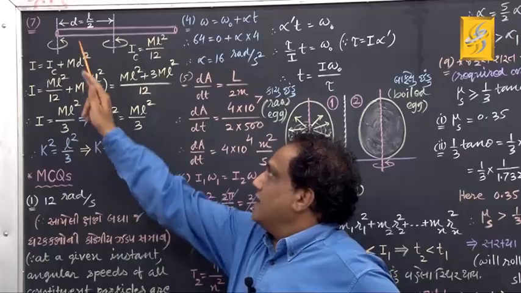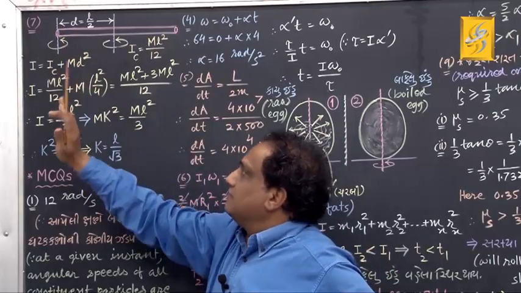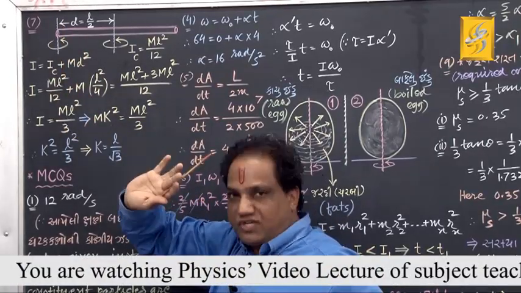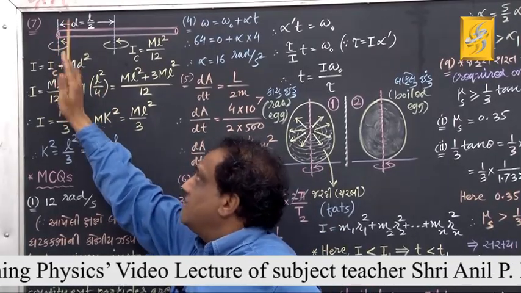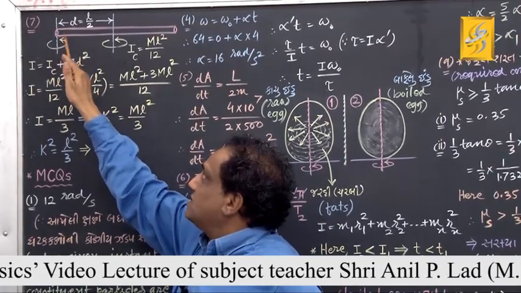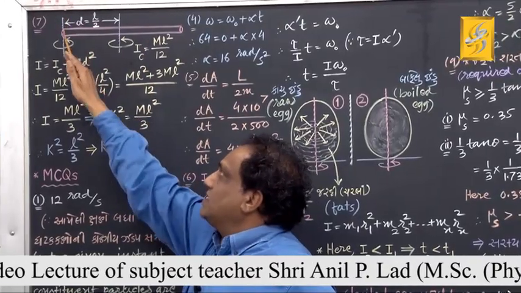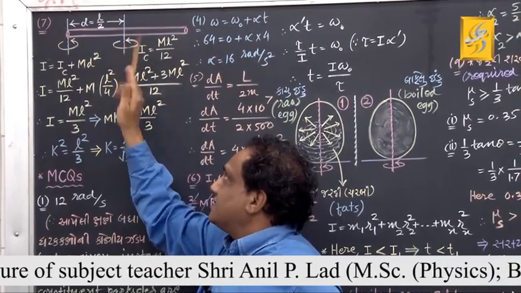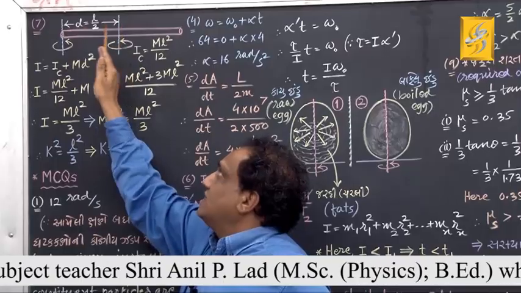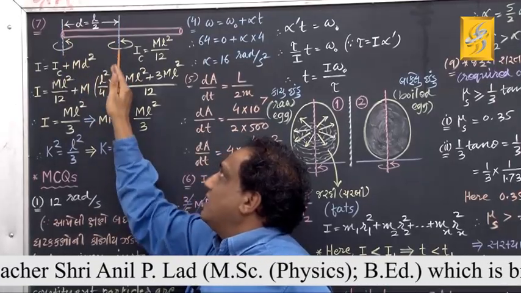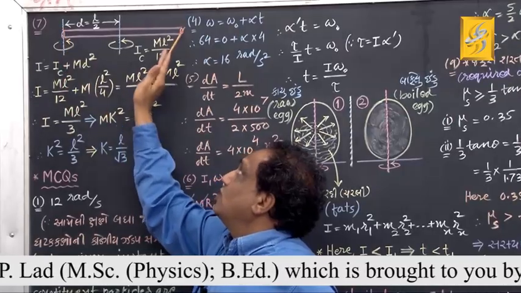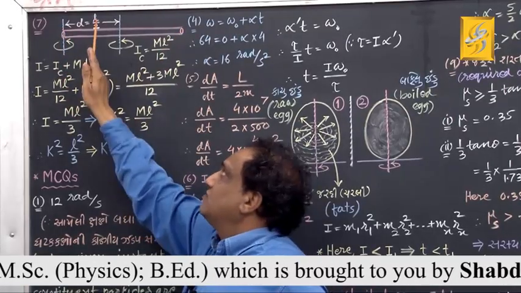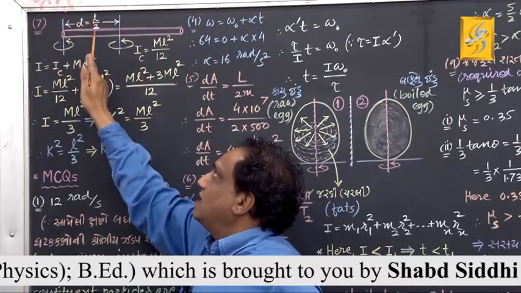Now about this new axis, I want to find the moment of inertia, but that new axis is tangential to this end and it is perpendicular to this length, and also it is parallel to this axis. And the perpendicular distance between these two parallel axes is, suppose small d, it will be half of the total length, that is why I have written here L by 2, correct?